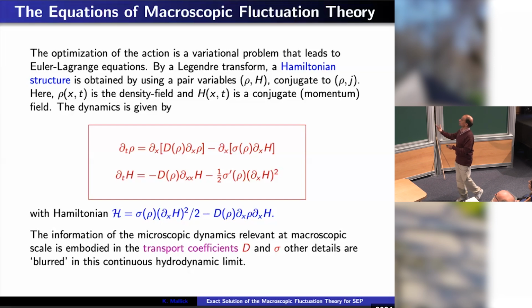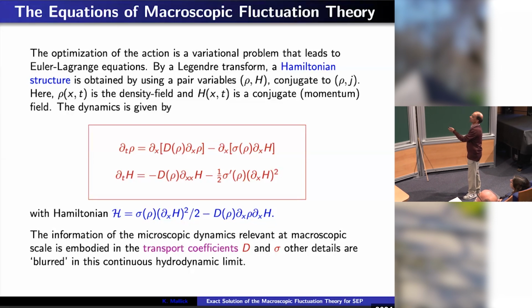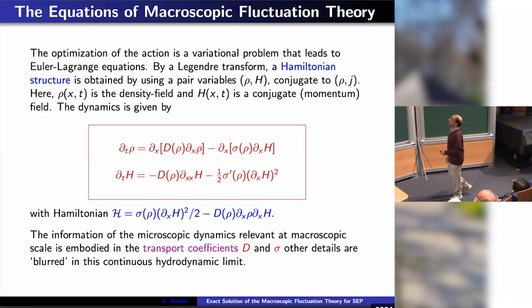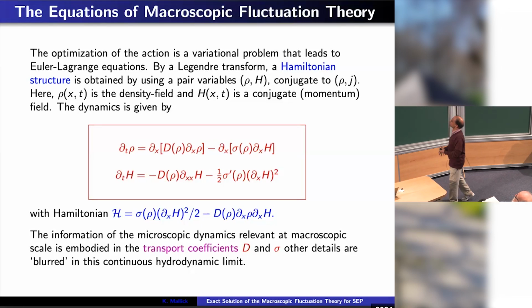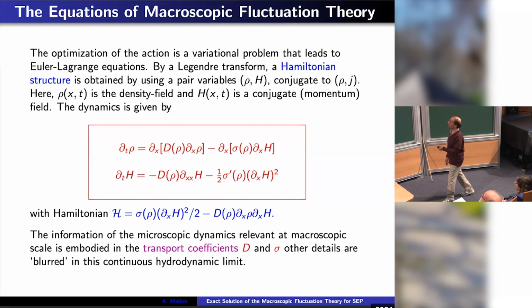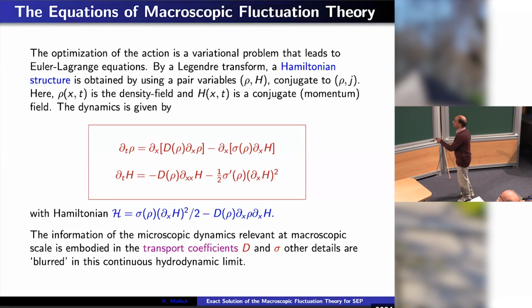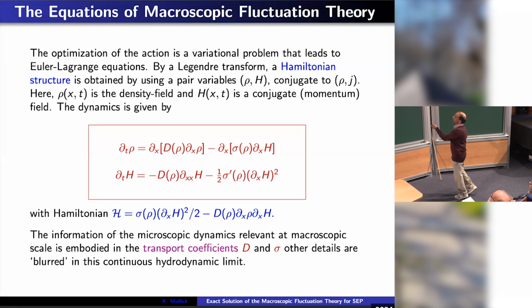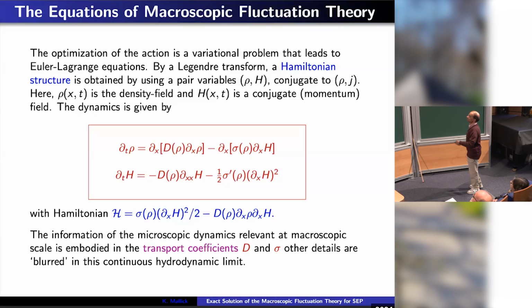Now I turn to Hamilton form by introducing a conjugate variable for the current, h, and I get this very nice set of coupled PDEs, deterministic, because I'm looking only at the saddle point of my action. And this is a Hamiltonian system, because I have an underlying Hamiltonian, H, and I can derive these equations just from this Hamiltonian H.